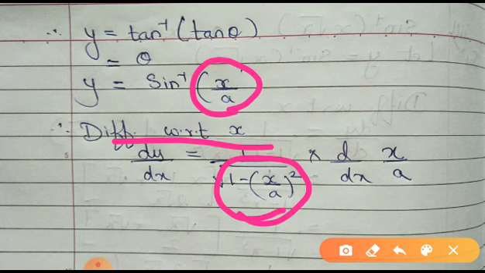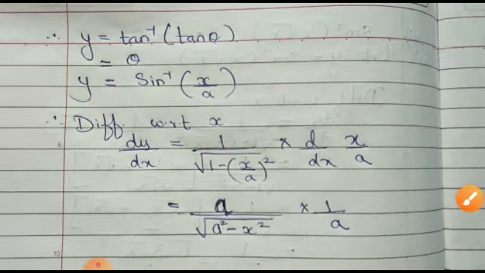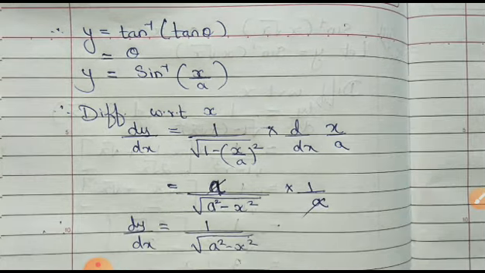Okay, so the derivative of x by a is what? 1 by a. Is that clear? So I'll be getting a by root of a square minus x square into 1 by a. A will get cancelled and you will get the answer as dy by dx is equal to 1 by root of a square minus x square. Is that clear?